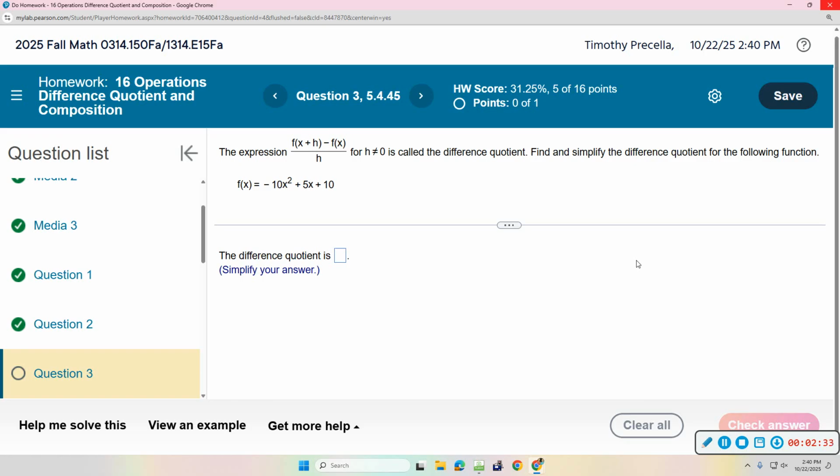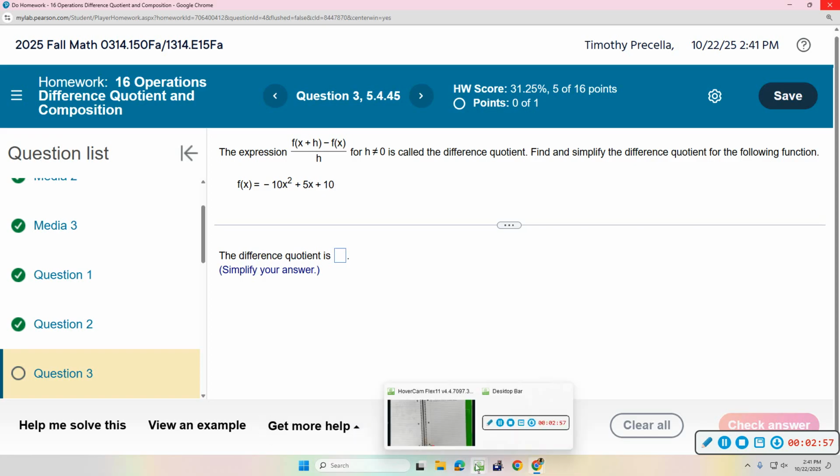I'm first going to write down the function f of x equals negative 10x squared plus 5x plus 10. Negative 10x squared plus 5x plus 10.